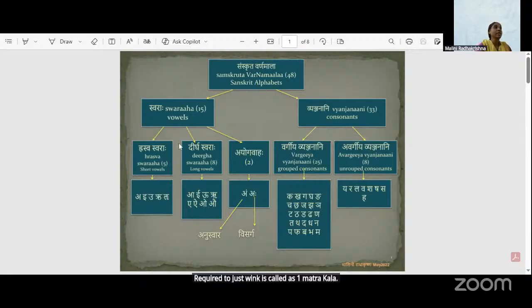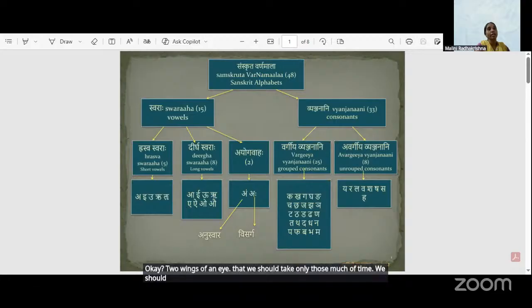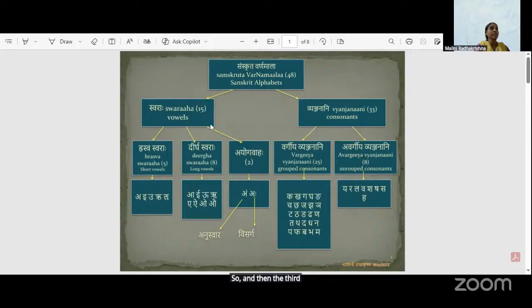For Dirghaswaras, we need two matra kalas, two winks of an eye. We should take only that much time; we should not drag or elongate it. The third category in Swaraha is Ayogavahav, because we have two letters over there.